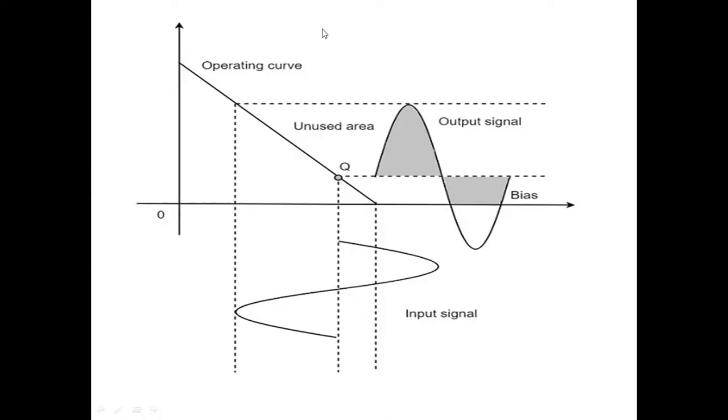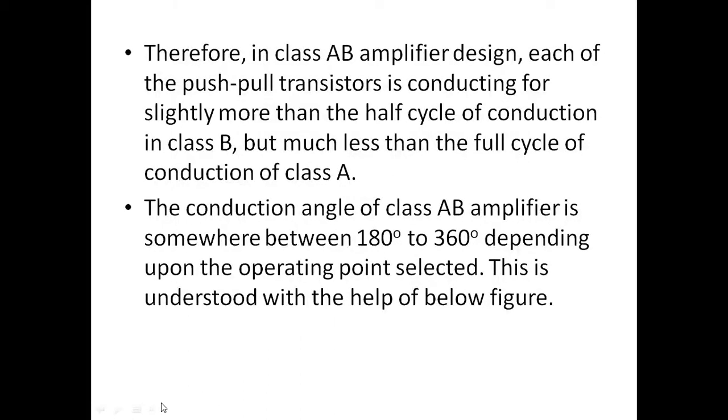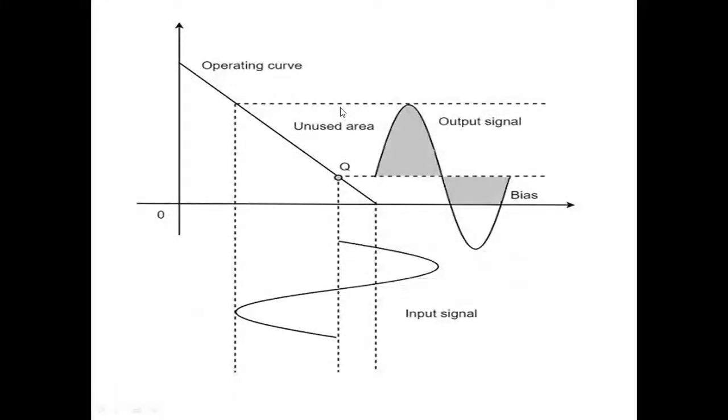So here we are using the advantages of class A and class B. The operating point is slightly greater than this axis, at this position. Because of this position, we can get the full cycle at the output. There is no crossover distortion, and the conduction angle is 180 degrees to 360 degrees. So this is about class AB power amplifier. In this way, we can eliminate the crossover distortion.